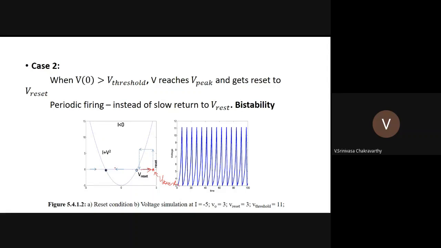But while it is spiking like this, if you give it a sufficiently strong negative current pulse and push it beyond this value, then after that it will creep back to the resting state and stop there. So in this case, it has two stable states. One stable state is just a point, which is the resting state. The other stable state is the repeated spiking, which is an oscillatory state. So this shows bistability.